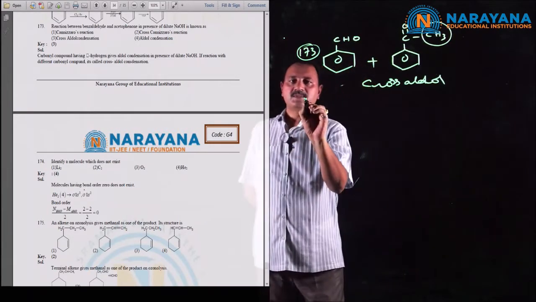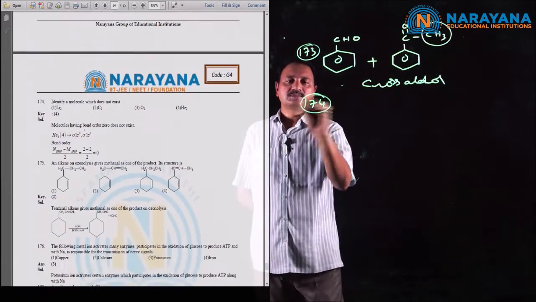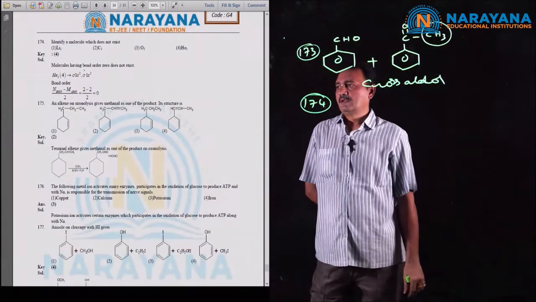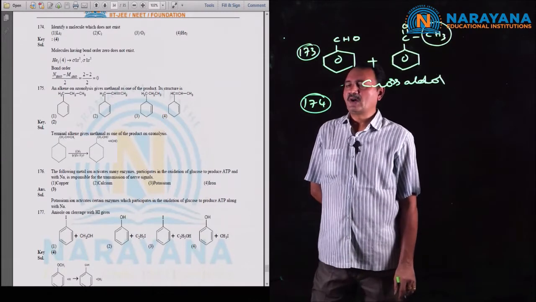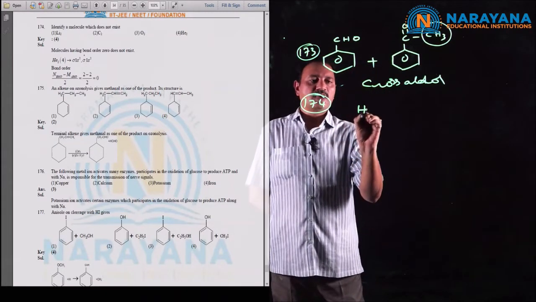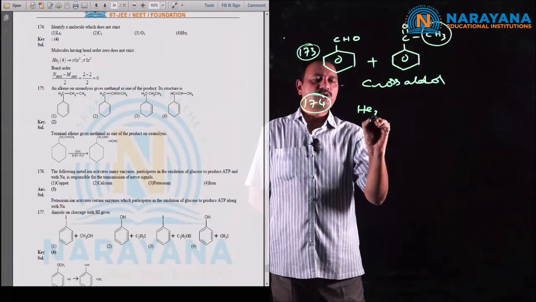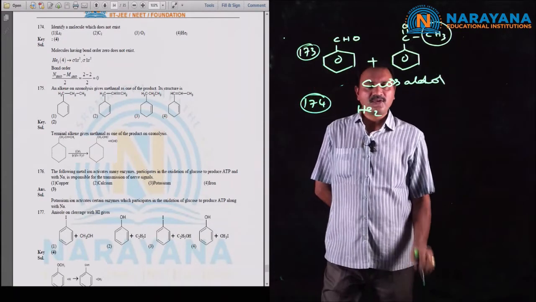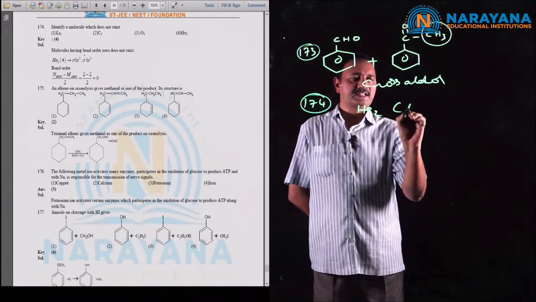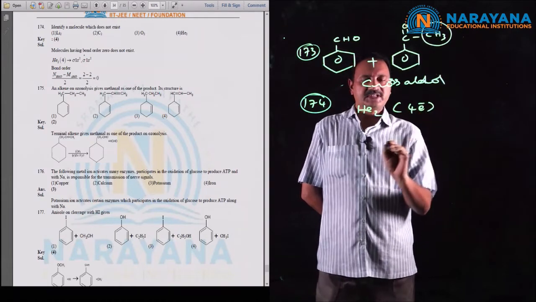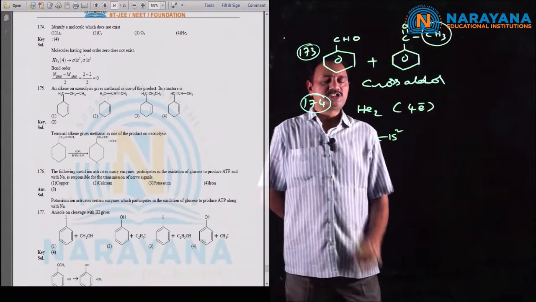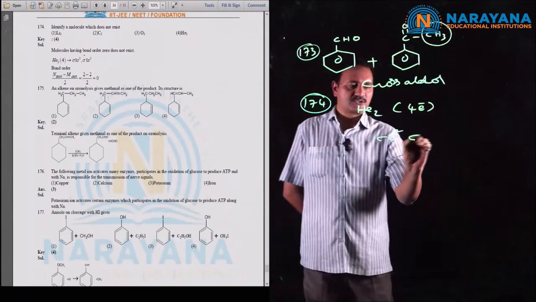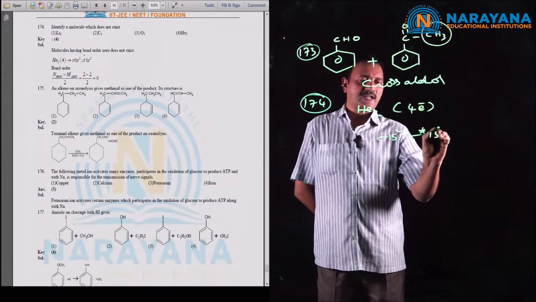Next question number 174. Identify a molecule which does not exist. Suppose you are considering He2. Now the number of electrons present is 4. According to MO theory, if we distribute those electrons, sigma 1s2, sigma star 1s2.